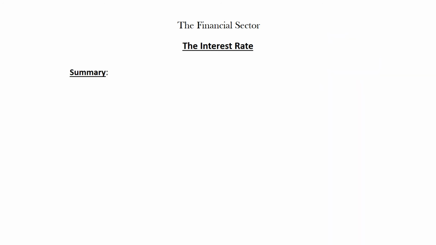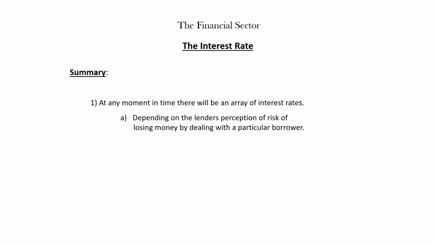In summary, at any moment in time, there will be an array of interest rates. One reason is that lenders will perceive different borrowers to be of different risks. This is why, for example, I'm likely to be charged a lower interest rate than you for the same loan.